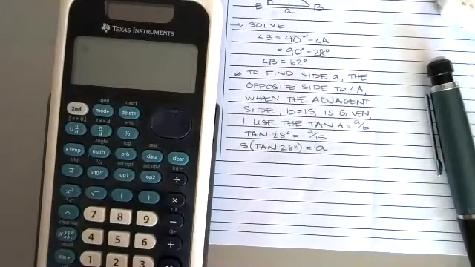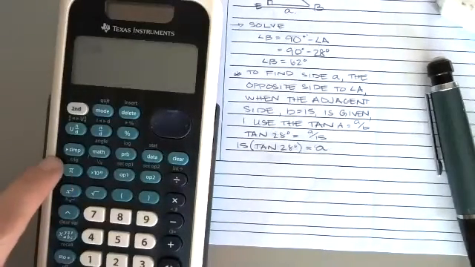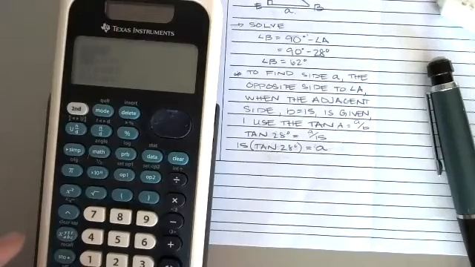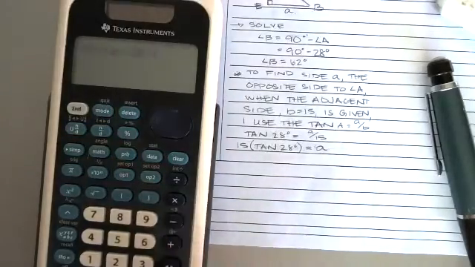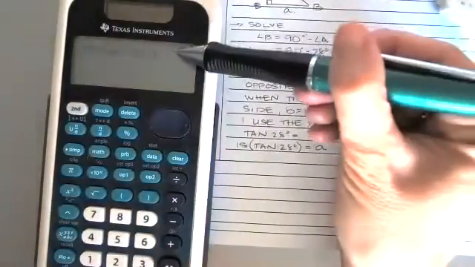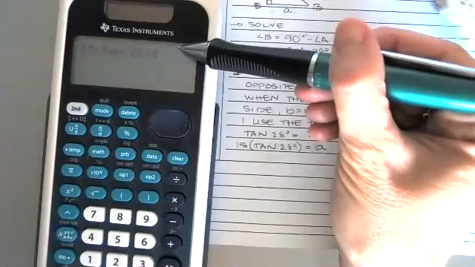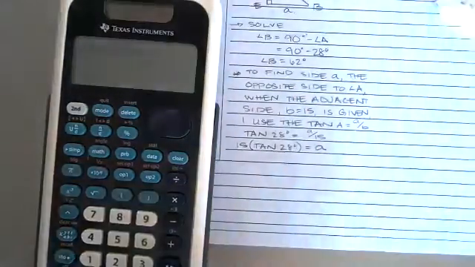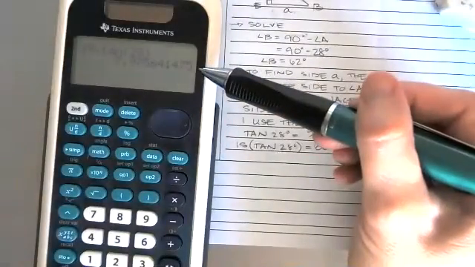So I've got 15 times, and on my calculator the pi button has a second function of trig, so we're using the tangent. I hit enter to choose that option, and then 28. Also notice, right up here, it says DEG.